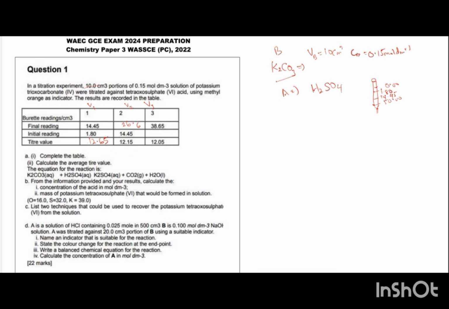And then the last one here, we are given a specific volume that was used, but we need to provide the missing one. All you need to do is subtract: remove 12.05 from 38.65 to get your missing value here. 38.65 minus 12.05, so we have 26.60 here.